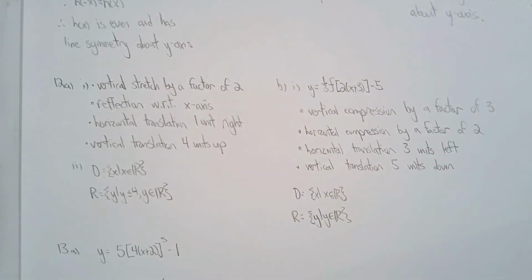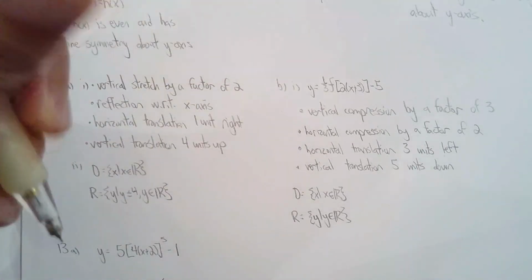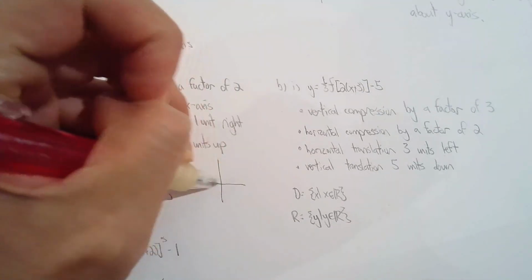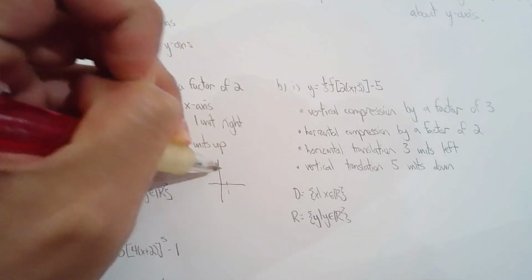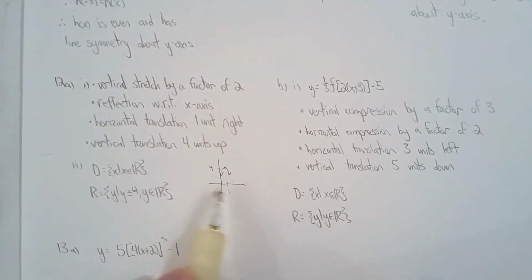Okay, and you went 1 right, 4 up. So the maximum, let me just write that down, is occurring at (1, 4) now. So I don't know the exact graph, but this is in my head. I have a transformed version of that quartic power function in my head. So I have this, and that's how I know that's my range.